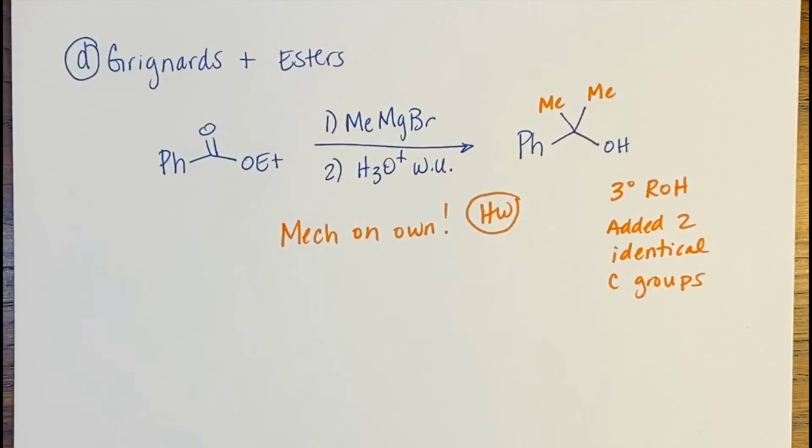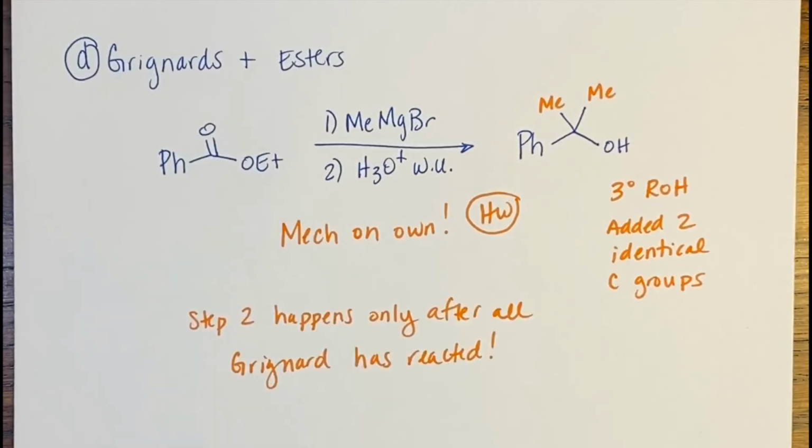Make sure you can work through the mechanism of this on your own. And remember that step 2 happens only after all of that Grignard reagent has reacted. Once you have your Grignard reagent in the presence of the acid, your reaction is done.